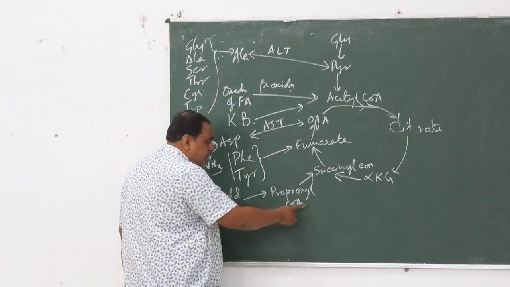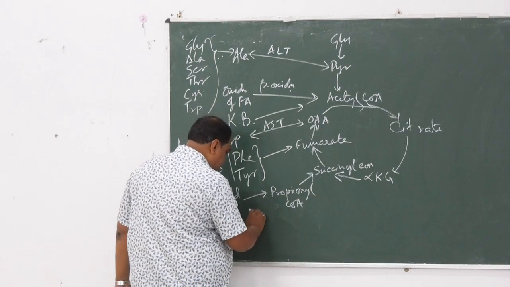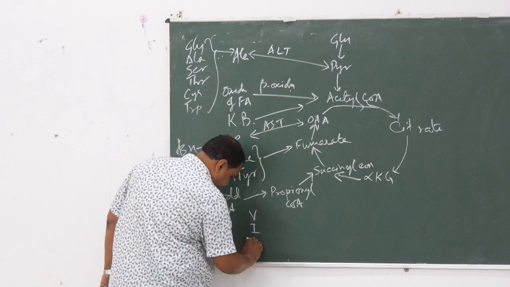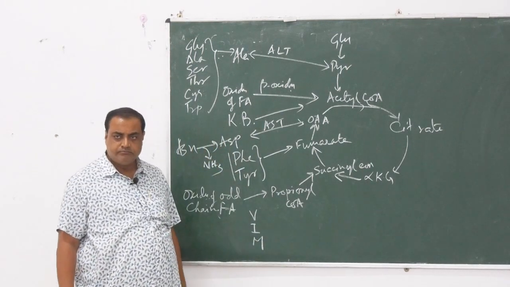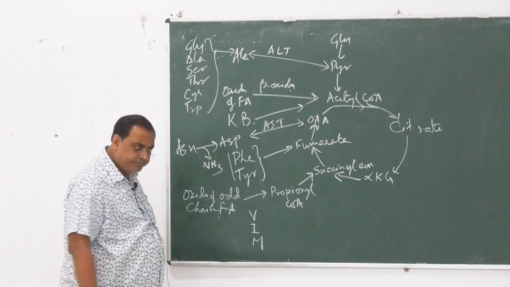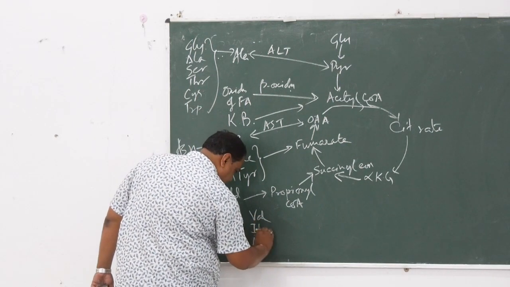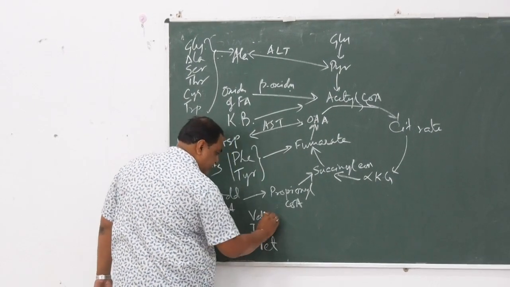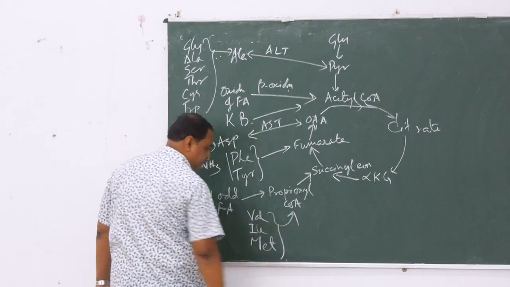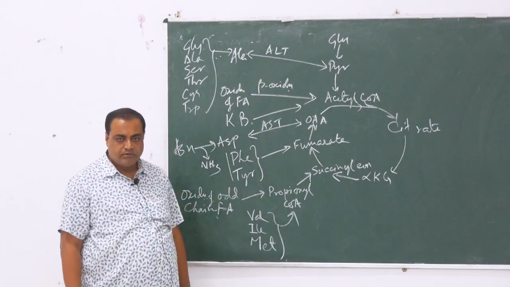Now, propionyl-CoA to succinyl-CoA, this propionyl-CoA can also be formed from valine, isoleucine and so on. Done.